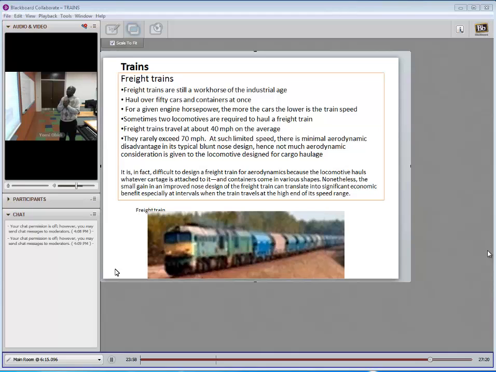Sometimes two locomotives are required to haul a freight train. If it's carrying a lot of heavy cartage, then an additional locomotive is provided to be able to move the materials that are being carried. And usually there are different types of cargo carried.